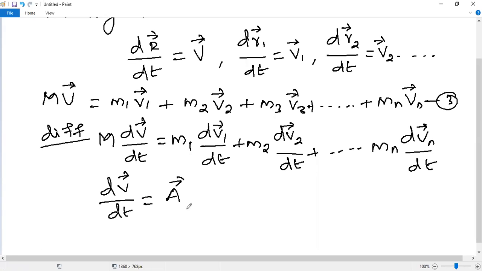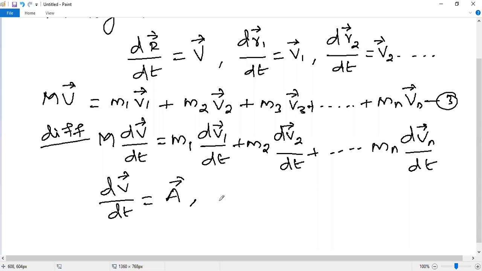Some students are still confused between capital A and small a. Based on the question and the lesson, we need to understand whether it is area or acceleration. So don't confuse acceleration with area.